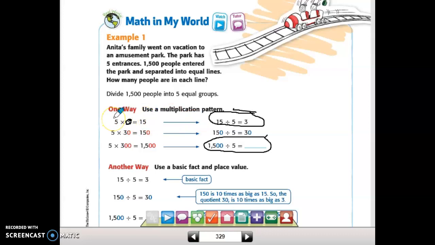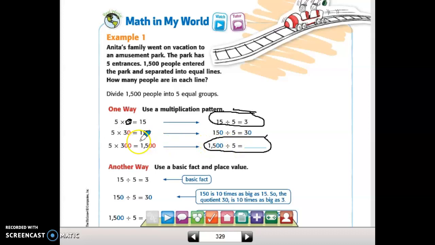You can count by 5s, 5, 10, 15, and you count it up 3 times. Now, in order to get to 1,500, you just keep adding a 0 for every 0 that is on the problem. So 150 divided by 5 would be 30.